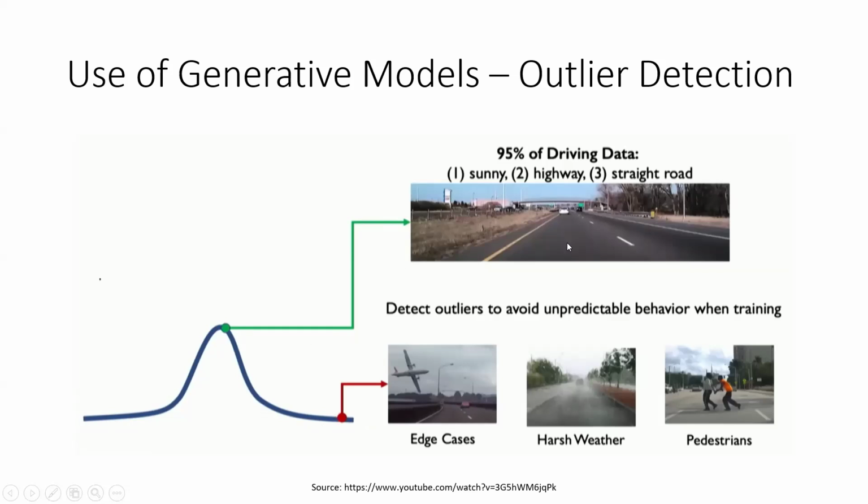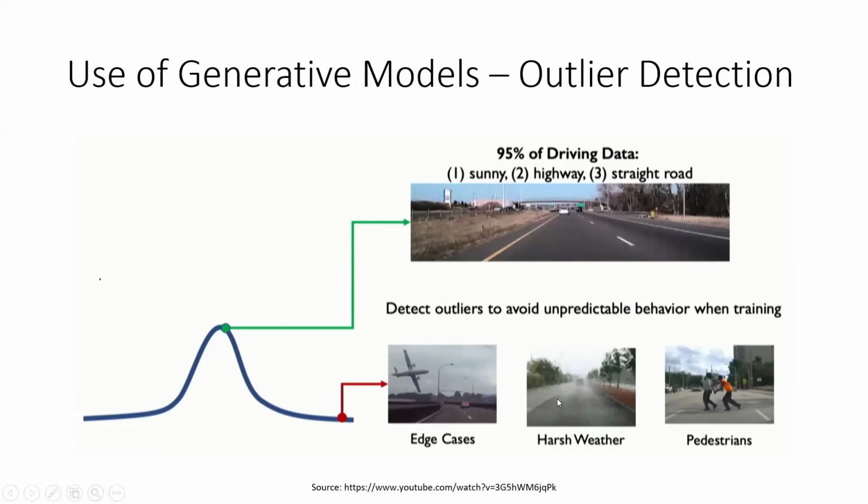In 95% of the time, the view would be like this, where it is sunny, it is a highway with a straight road, and it is very clear in front. But in some rare cases, with low probabilities, there can be edge cases like an airplane flying near the road or about to land on the road, so you should take some action.